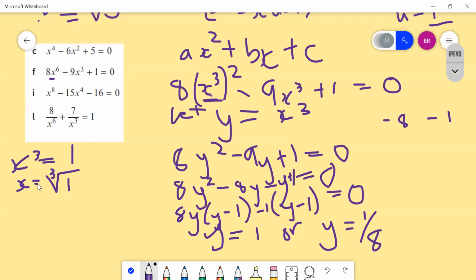So x is equal to 1. The cube root of 1 is 1. If you multiply 1 times 1 times 1, you still get 1. Is that okay? Right, that's the value of x.